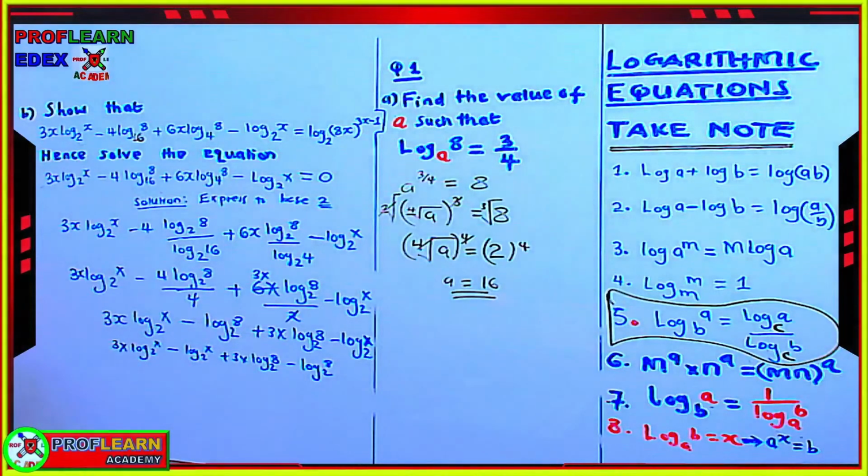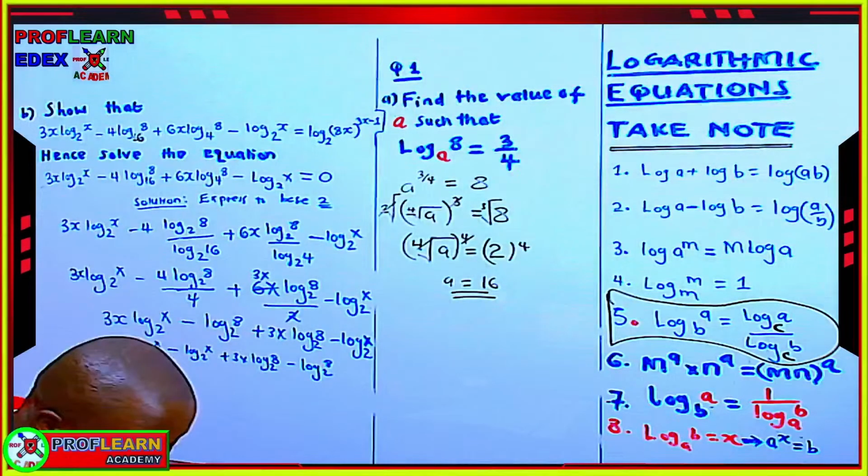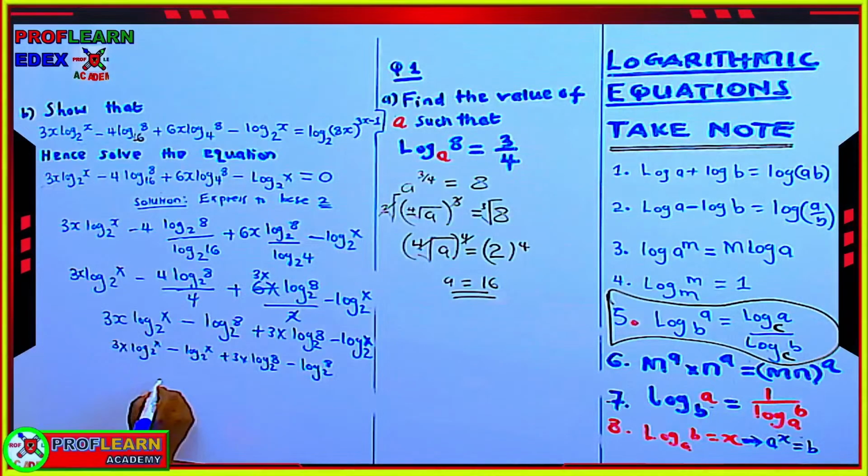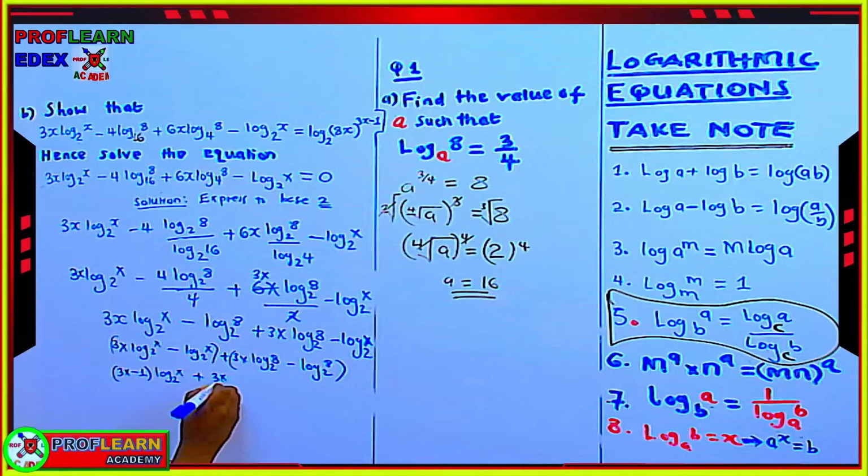Which means that we are going to factor out and group these together, and we are going to have 3x minus 1 log x base 2 plus 3x minus 1 log 8 base 2.